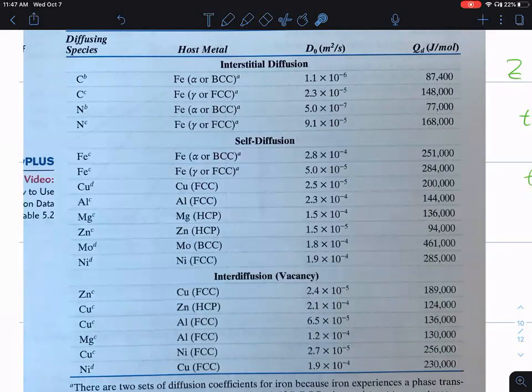So keep that in mind. It's not the same rate as copper diffusing into zinc. Which one is faster? If you have copper diffusing into zinc, that diffusion coefficient is faster than zinc diffusing into copper. So it's direction dependent. Okay, that's all for today, and we'll see you guys on Friday.